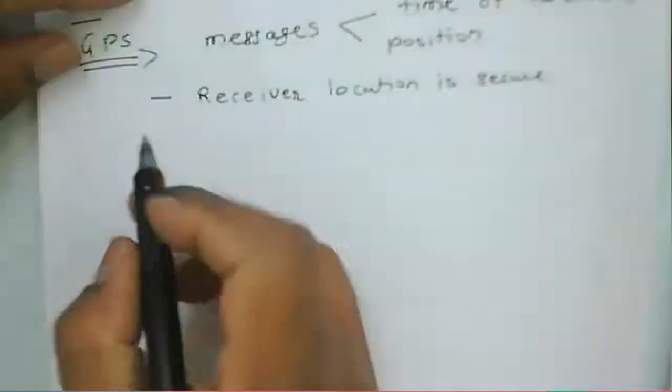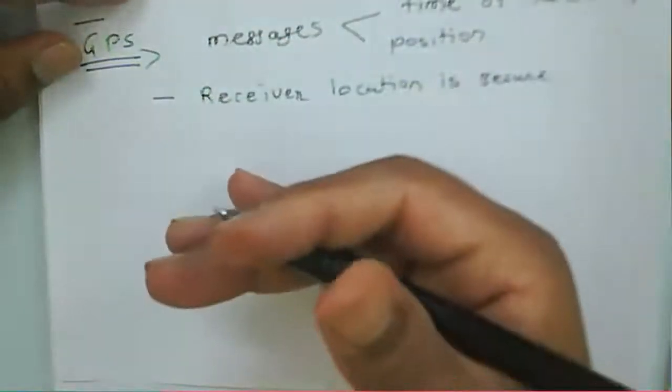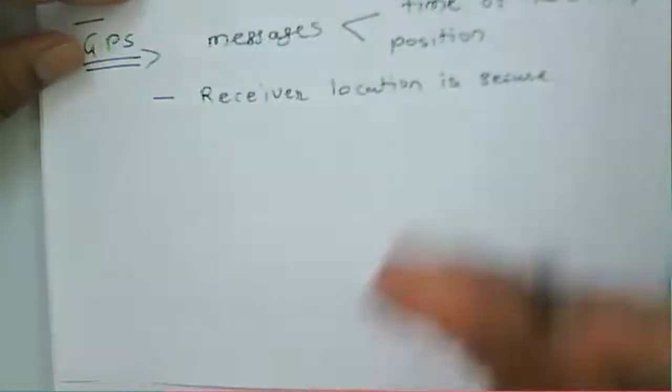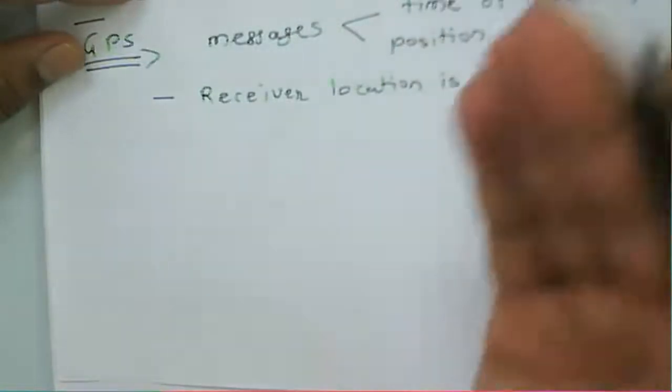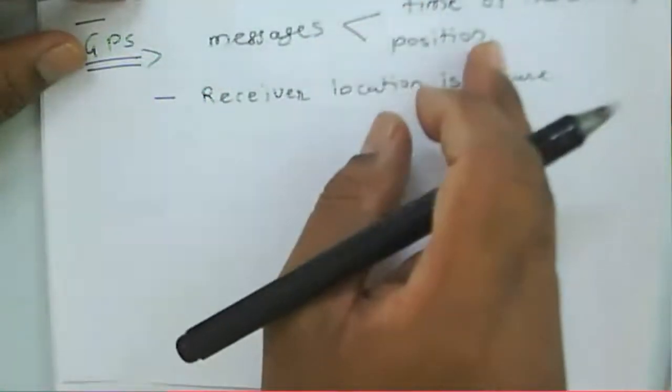And again, a receiver receiving the particular signal is not charged for that message or signal transmitted by the satellite.